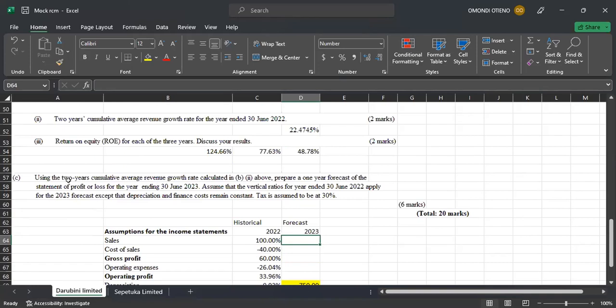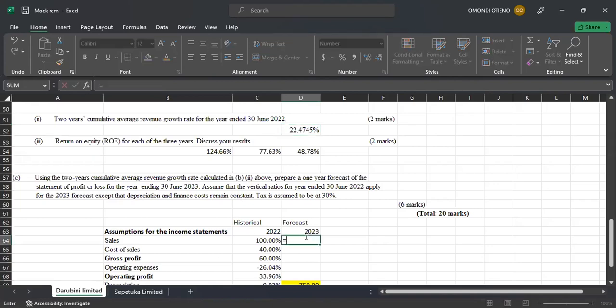We are being told that the sales for 2023 will be higher than the sales for 2022 by this percentage. So the 2-year cumulative average revenue growth rate for the year ended 30th June 2022 is 22.4745. That percentage is the increase in sales from 2022 to 2023.